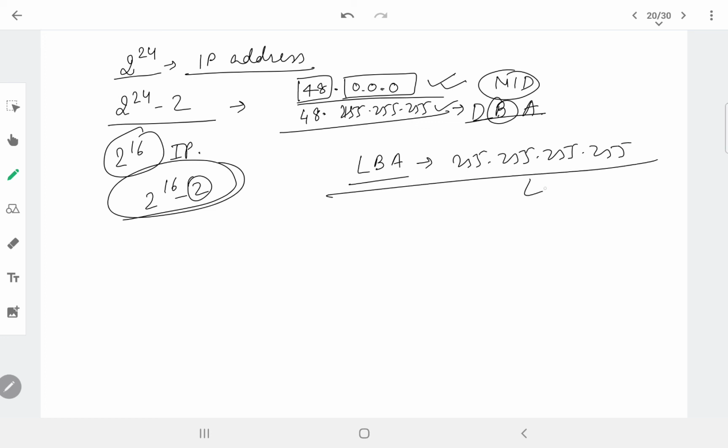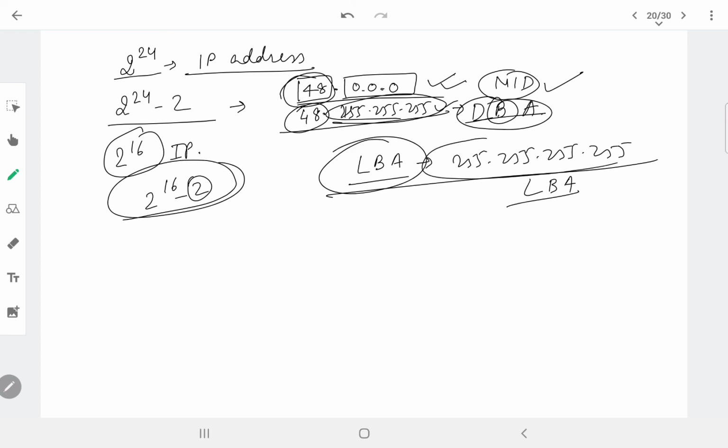So you should remember these things: the network ID is the network ID part plus all zeros, the directed broadcast address is the network ID plus all ones, and the limited broadcast address is all ones. Okay, in the next lecture we will see subnetting.